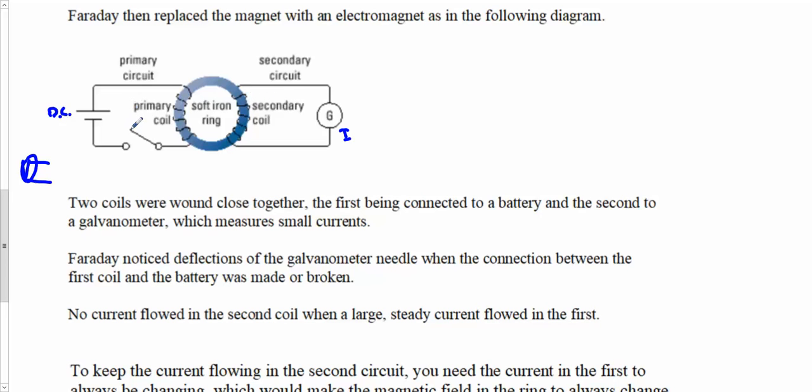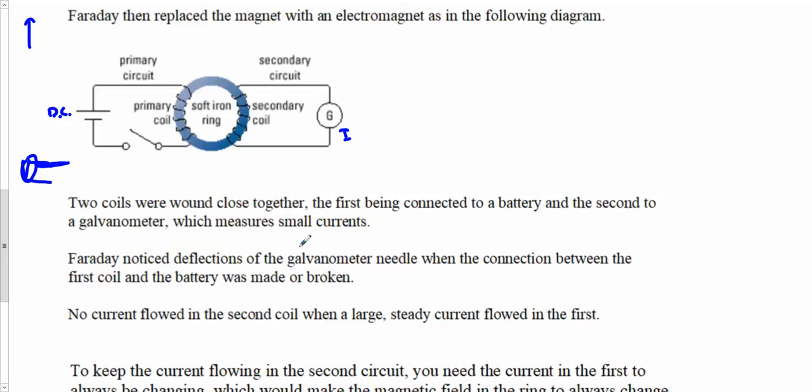So by closing this circuit here, he made current over here, but only for an instant, because as soon as the current became steady, current stopped flowing over here, because that's Faraday's law up above: I need the magnetic field to be changing, or I need some sort of change. So he closes it, current flows, magnetic field made, magnetic field over here makes current flow here. But only when it's open or closed.